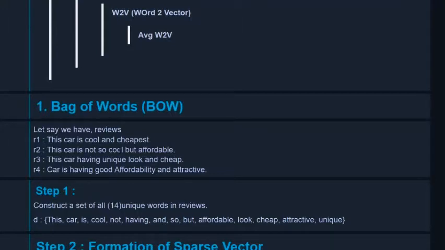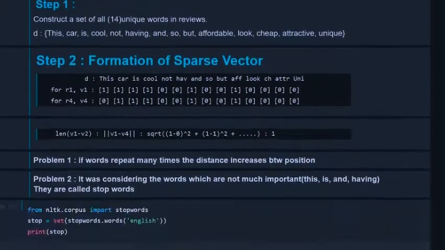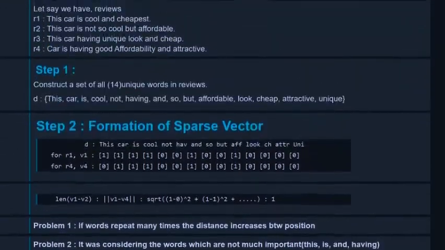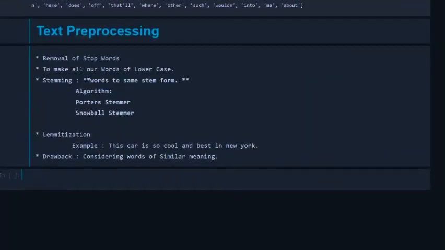That means they are saying totally opposite things. So while removing stop words, while performing each stage, we must be very careful about all these techniques or methods in text pre-processing.